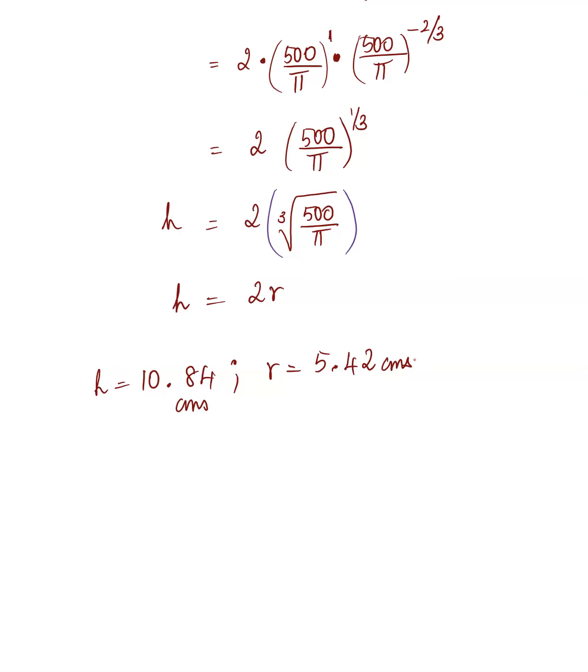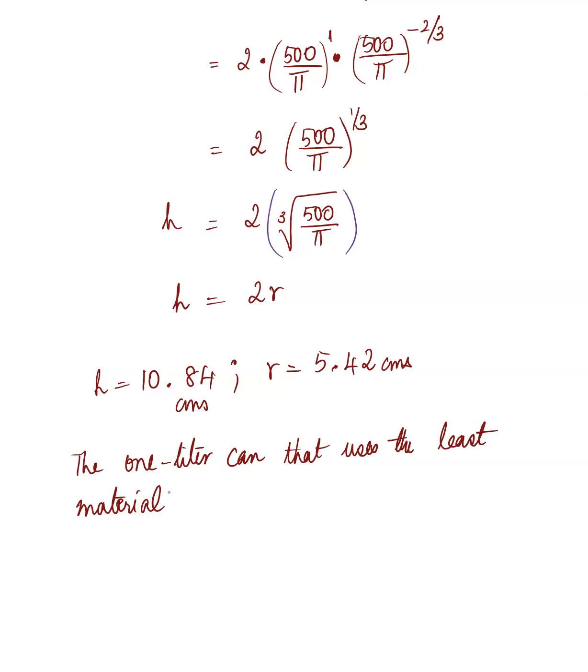So what we're saying is this 1 liter, let's just say the 1 liter can that uses the least material has height equal to twice the radius.